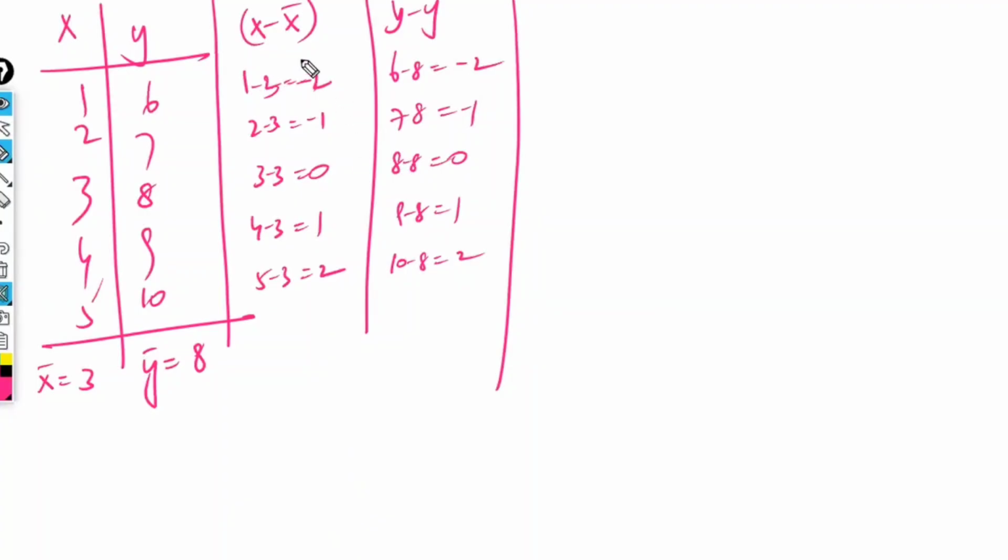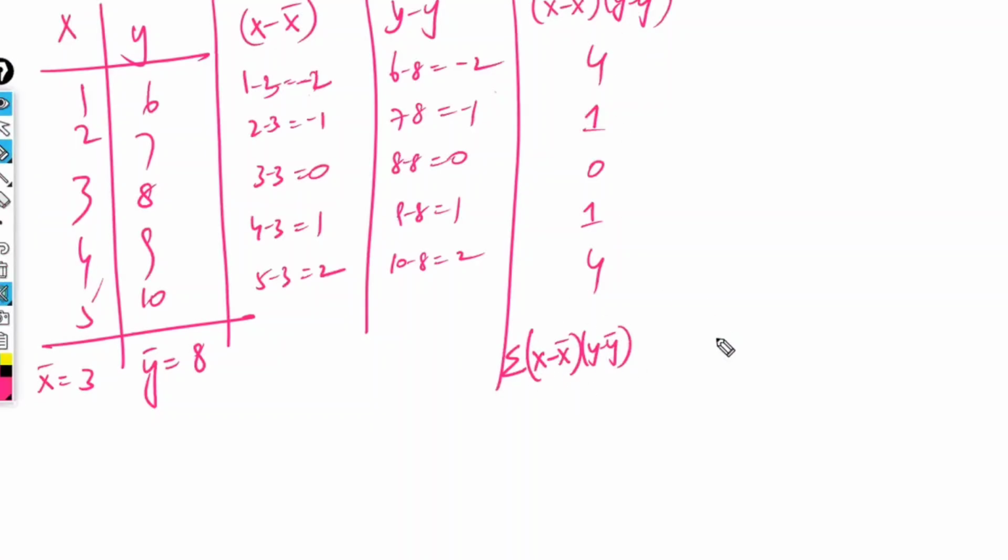Now calculate x minus x bar into y minus y bar for each and every value. That is minus 2 into minus 2, 4, plus 1, 0, 1 and 4. Now calculate the sum of x minus x bar into y minus y bar.